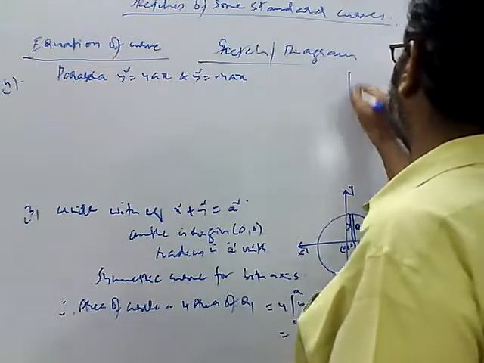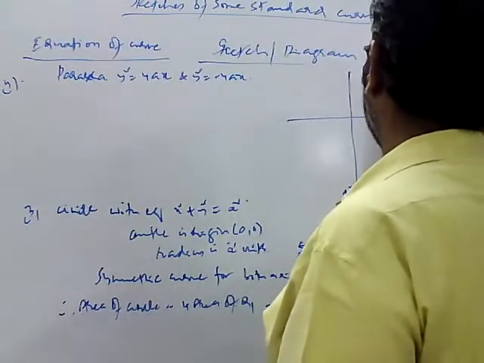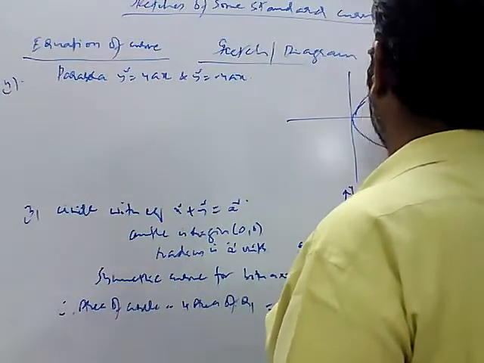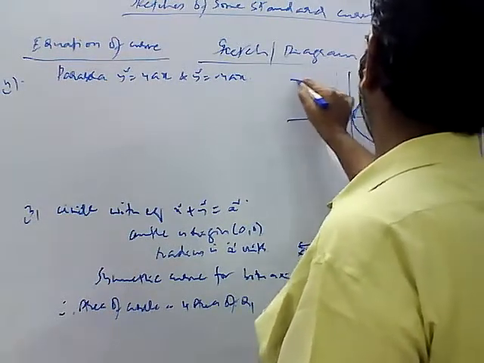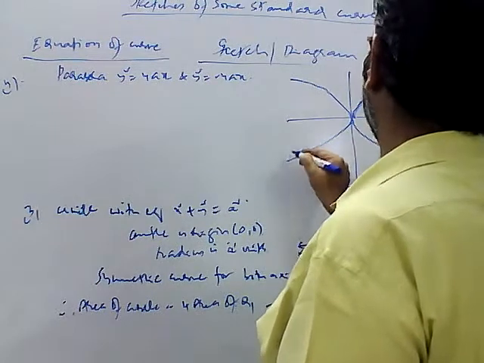So automatically you will get a curve like this. Y square equal to 4x means this will be, and y square is equal to minus 4x means this will be.